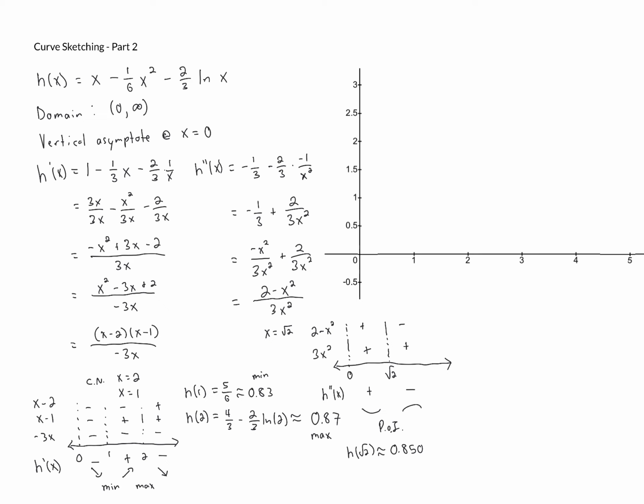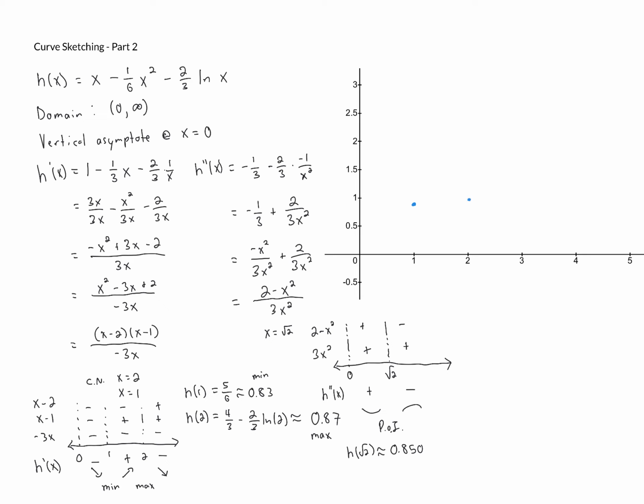But let's plot the specific points that we have so far. We said that we had a local minimum at 1, 0.83. So that's going to be around here. And then a local maximum just a teensy bit higher at 2, 0.87.